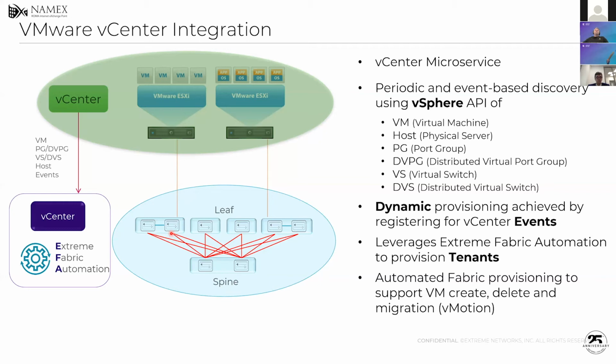So this gives very seamless integration and very seamless mobility for those virtual machines in the data center without any interaction with the system other than the upfront integration with the vCenter infrastructure.